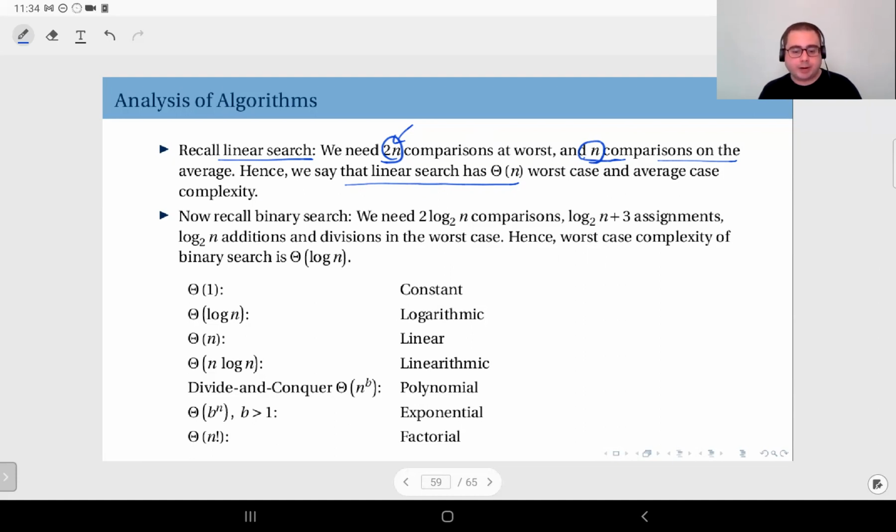Also recall binary search. We need 2 times log 2n comparisons, log 2n plus 3 assignments, so memory access and modification, and log 2n additions and divisions. If you remember, this is for computing the middle index, left plus right divided by 2, so division comes from that divide by 2.